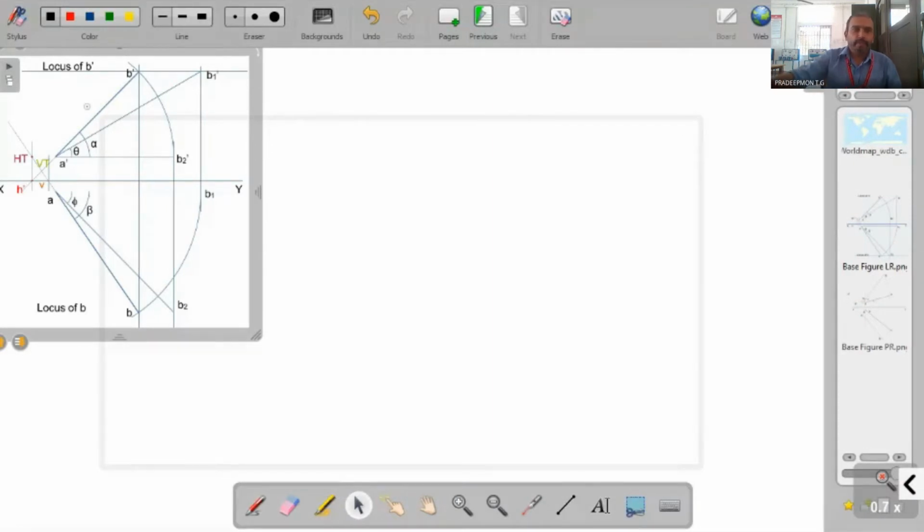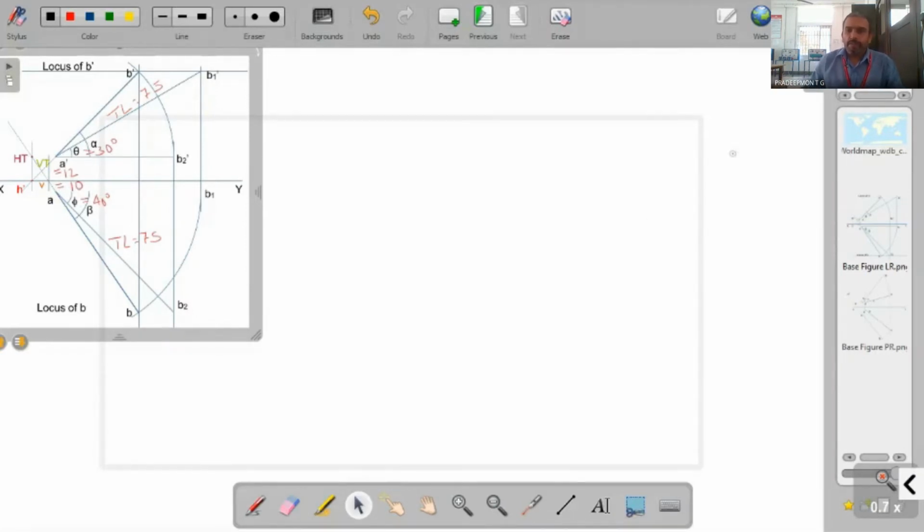Here is the true length. This true length is equal to 75, and this theta equal to 30 degree, and phi is equal to 40 degree, and here also this is the true length equal to 75, and this distance is distance of A dash, that is 12. Here distance of A, that is 10. So this is the given data.